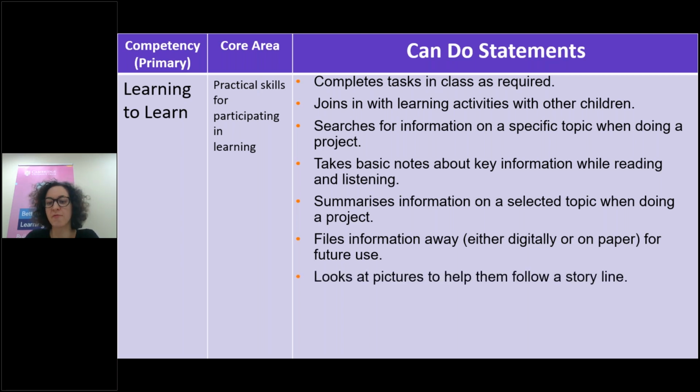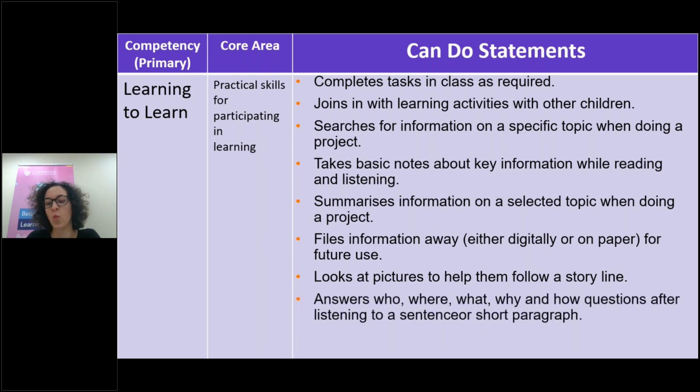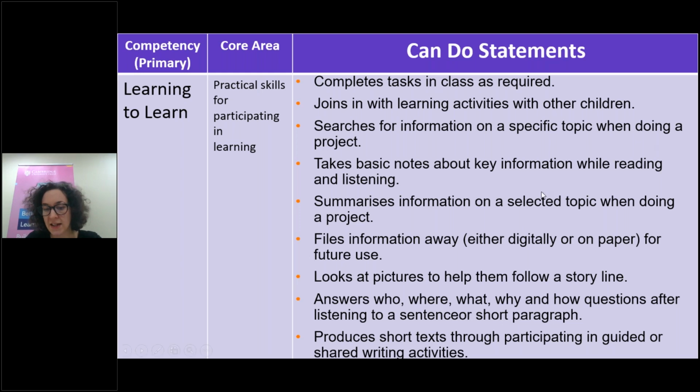Looks at pictures to help them follow a storyline, answers who, where, what, why, and how questions after listening to a sentence or short paragraph by the end of the fourth form, not only for English, when reading skills are not on that level, when students don't know all the specific WH questions in English, but still, we are talking about comprehension after listening and reading, and produces short texts through participating in guided or shared writing activities.